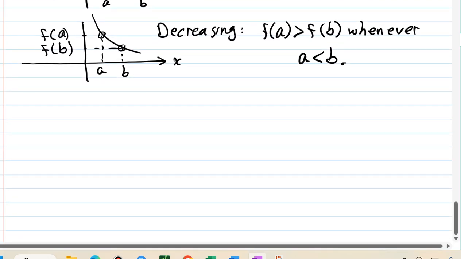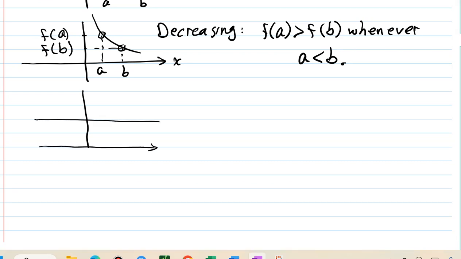And finally, we're going to take a look at the function that is constant. So we're going to look at a constant function like this one. A function that's flatlining. So this is what f of x is. Now for this one, I have two different points, a and b. Of course, a is less than b, but it could be any 2 points. Now, if you look at the value of the function, this would be f at a, the y value, and f at b, the y value at b.